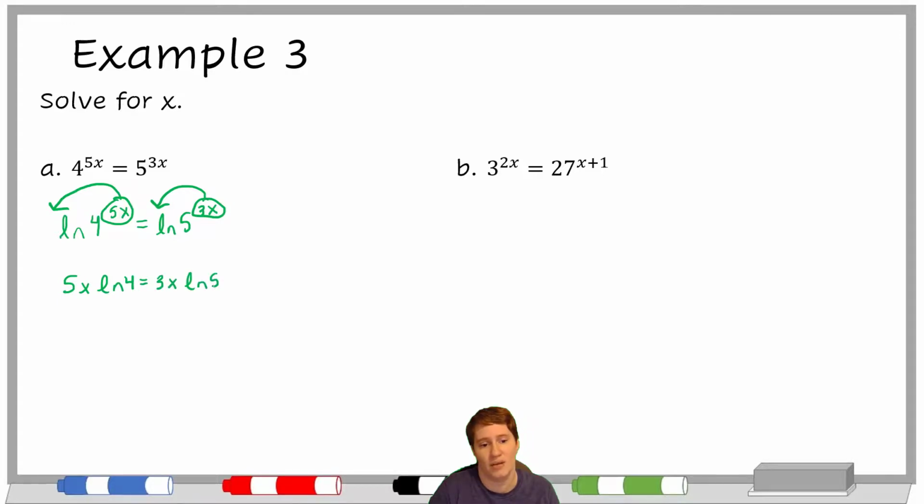And then from here, there's a little bit of trickiness. We may not know what ln of 4 is, but that's something we can type in our calculator and find a decimal for. Then we multiply that by the 5 that's in front of x.